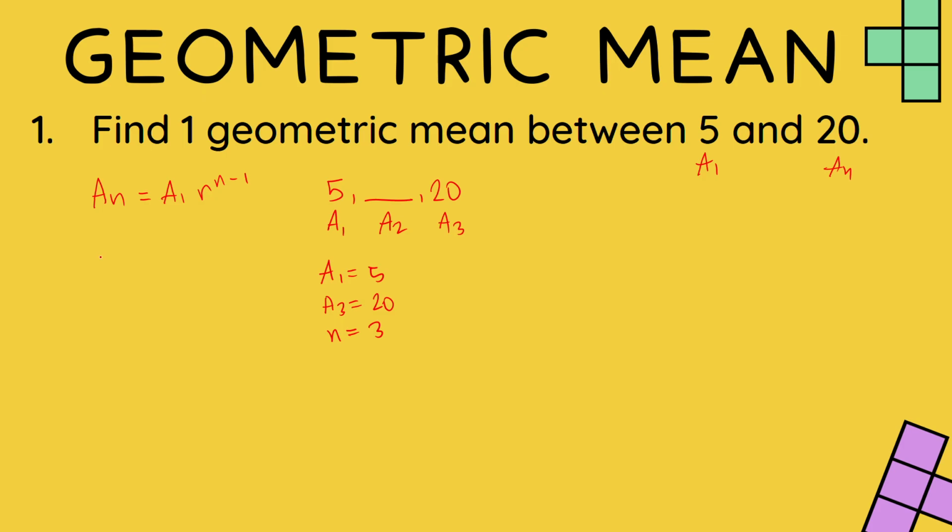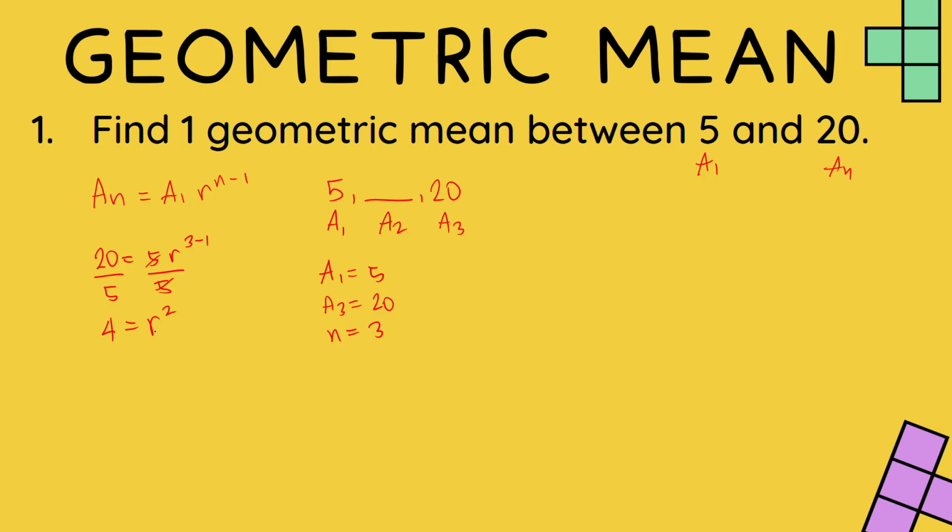So a sub n is 20, a sub 1 is 5, we are looking for r, then n is 3 minus 1. Then we simply solve for the value of r. So we divide both sides by 5. So 20 divided by 5 is 4. 5 divided by 5, of course, is 1. And 3 minus 1 is 2.